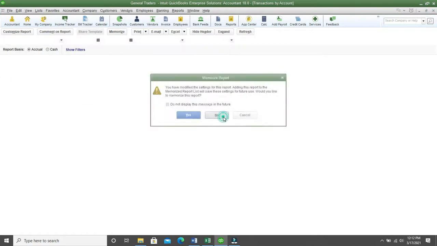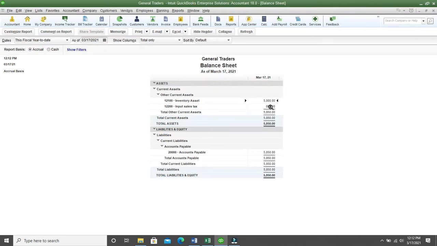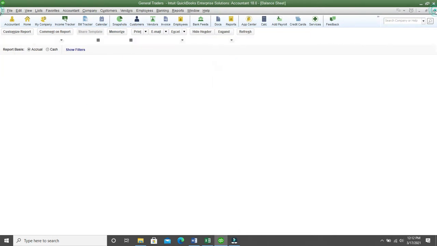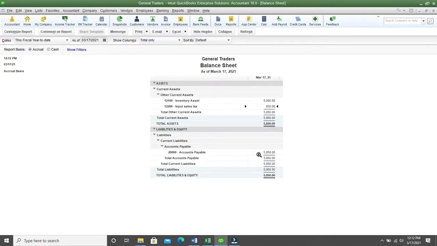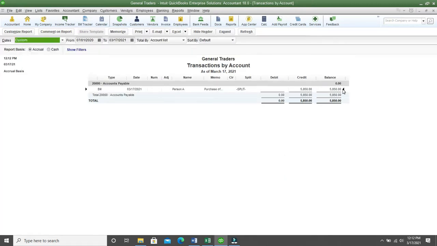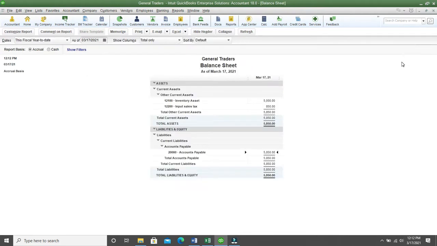Go to input sales tax, and it will show you the transaction of input sales tax. And you can also check the accounts payable there. This is the accounts payable 5,850, and the name of the vendor is person A. So I have successfully recorded these transactions in QuickBooks.